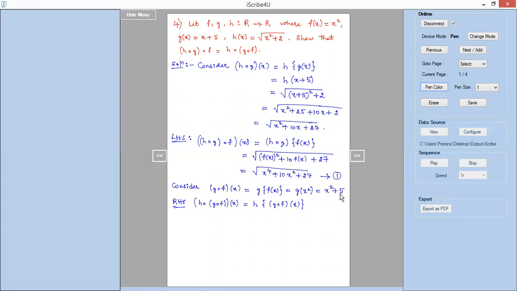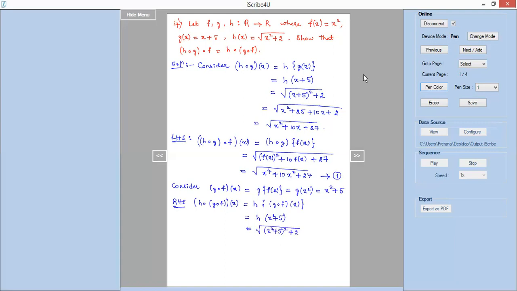This is nothing but x square plus 5. So let us substitute that. So this can be written as h of x square plus 5. And how is the h function defined? The h function is square root of x square plus 2. So we will apply that now. So it is square root of (x square plus 5) the whole square plus 2.